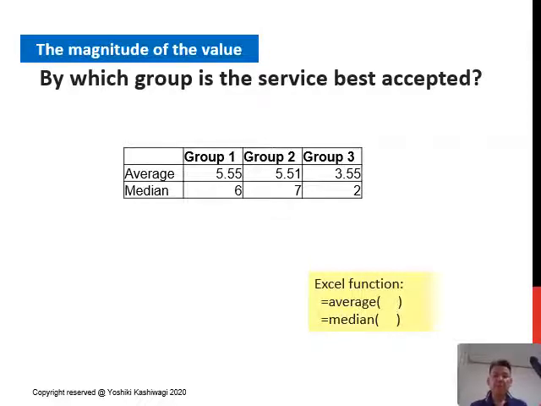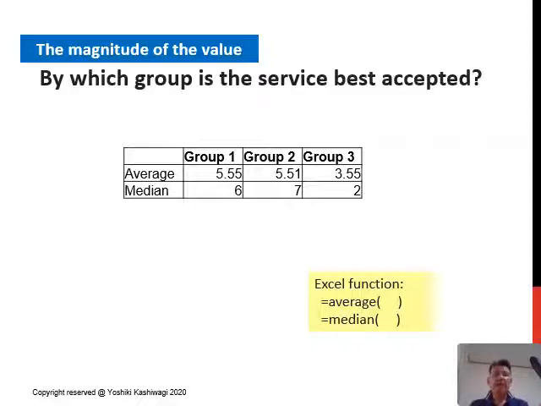That's the Excel function which you can use for your future calculation. The first one is for average. Just type in equal average, then you select the range of the data for the calculation. The other one is median, the same. Just type in equal, median, and bracket for choosing the range of the data.